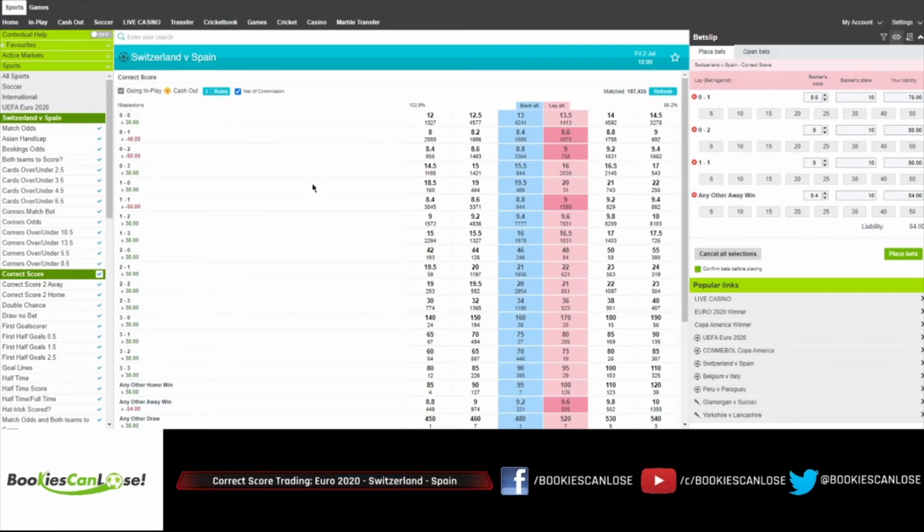And don't get me wrong, again, I'm not suggesting to do this in this game. I'm just using Switzerland, Spain as an example. I don't think laying these would be a good option in this particular match. But there are often cases where you want to go against the market.